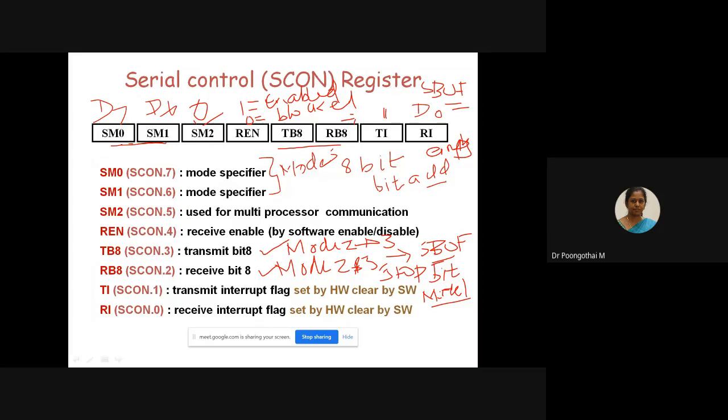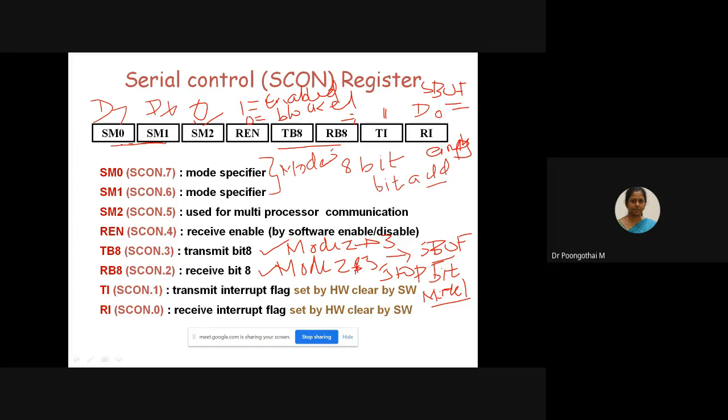This TI bit is raised at the beginning of the stop bit. RI means that the 8051 has received data serially via RxD. All the bits are placed in the SBUF register, and in that case the RI flag is set to 1 to indicate that the byte has been received and should be picked up before it is lost, which means that SBUF is full.